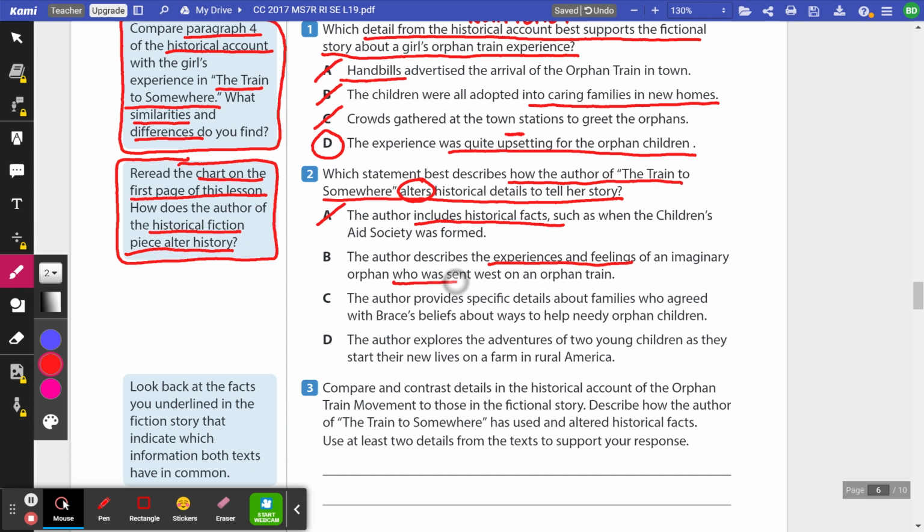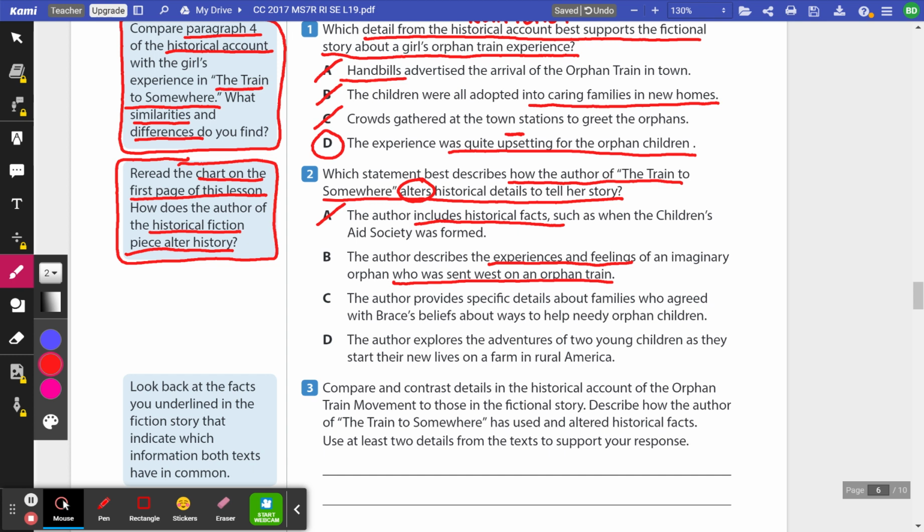And we know she was an orphan who was sent west on an orphan train. So, right now, everything answer choice B is giving us is accurate. All of this is how she alters history in The Train to Somewhere because we know that she adds in that character, right? And she tells us how she feels and about her experience. So this is a potentially good answer choice, but we need to look at C and D before we can decide for sure.